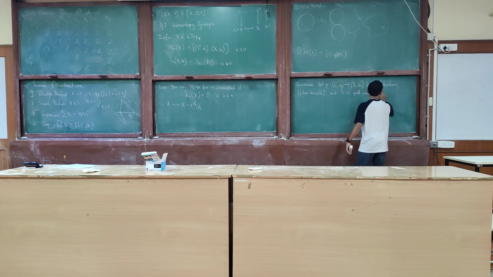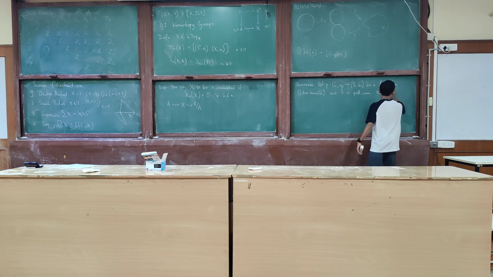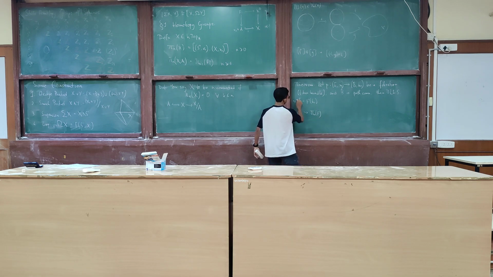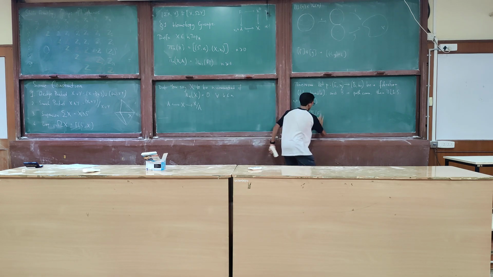Then you have a long exact sequence. Let me call F the fiber corresponding to the base point. And you have the following long exact sequence. Of course, x naught is in this set. Maybe for this one I will write the whole thing.